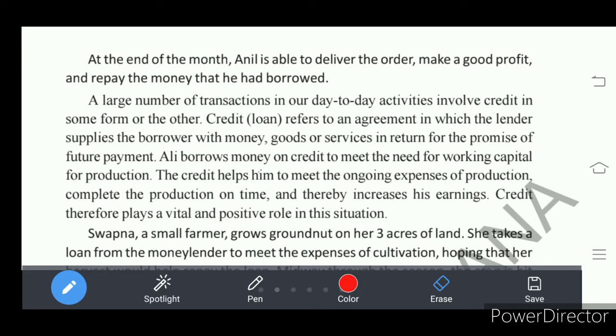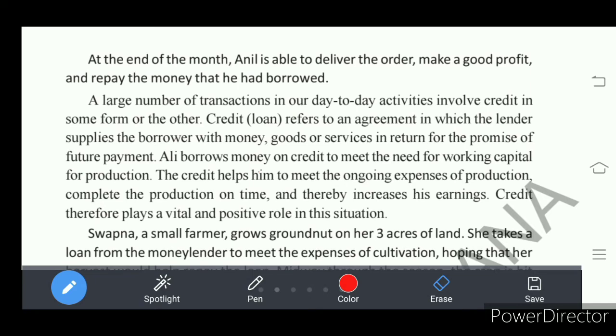So Anil took the credit, and that credit helped Anil to meet his ongoing expenses. What were the ongoing expenses of Anil? That is stitching thread, then the tools, right? And the leather, he took from the leather supplier. So for all these things, he has taken a loan.